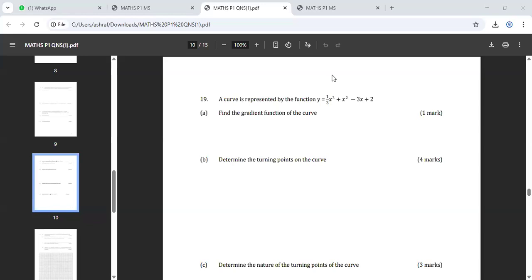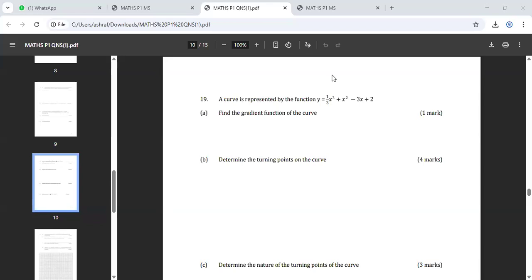Then if you group the first two and also group the last two, in the first bracket, x is common, so we'll have x into x minus 1, plus 3 into x minus 1 is equal to 0. So we have two factors, x plus 3 and x minus 1 is equal to 0.